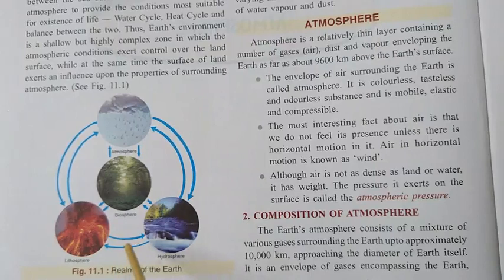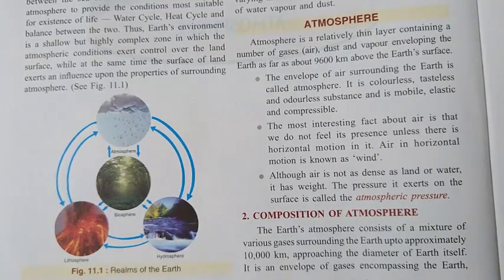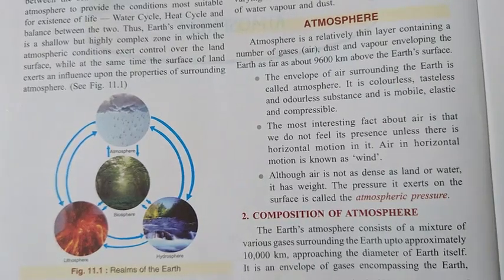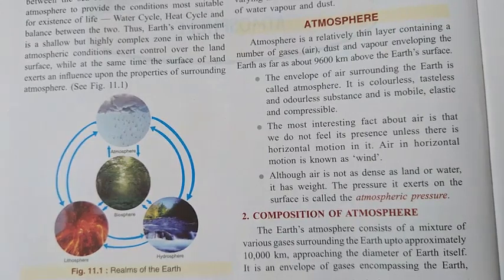Well, here you find many things: there is the water cycle, there is the heat cycle and the balance between the two, and there are the oxygen cycle, nitrogen cycle, carbon cycle, and so many cycles which support life. Now how do these respective cycles support all these things?